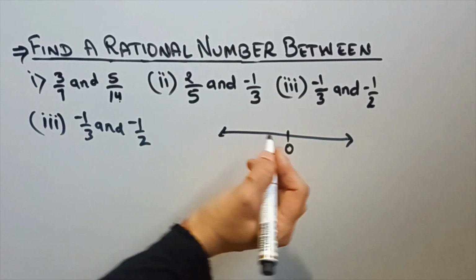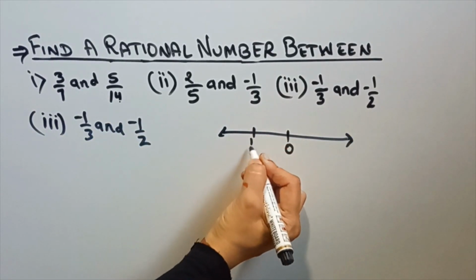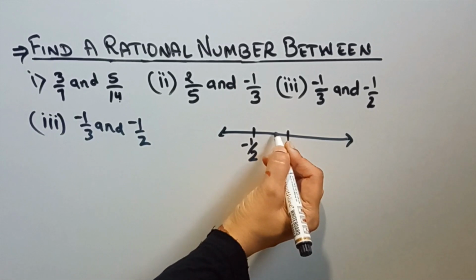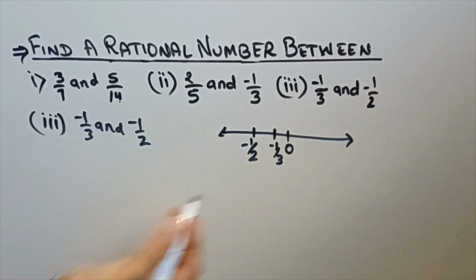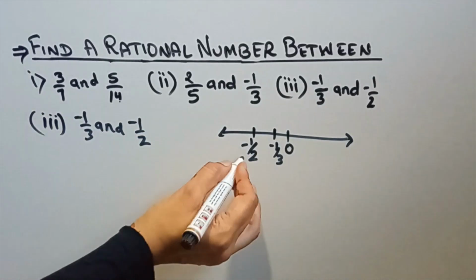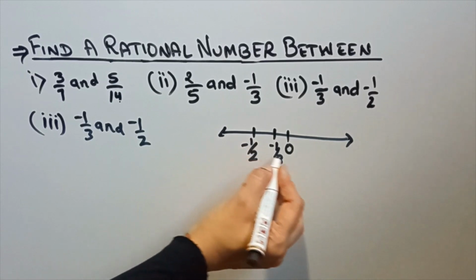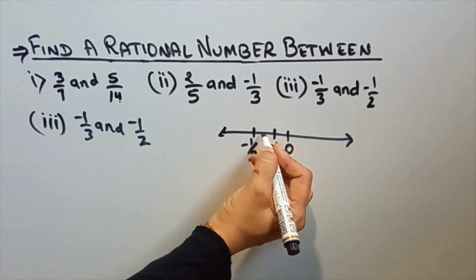So this minus 1 by 2 will come here, and minus 1 by 3 will come here, close to the 0. Because if you divide, you will get 0.5 here and here 0.33. So this is the bigger number. So closer to 0, this smaller number will come closer to 0. This is how we represent this on the number line.